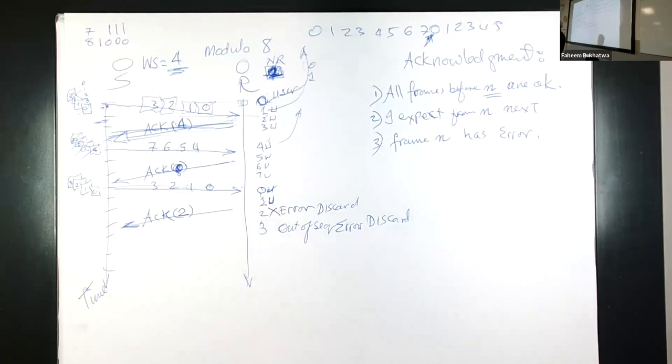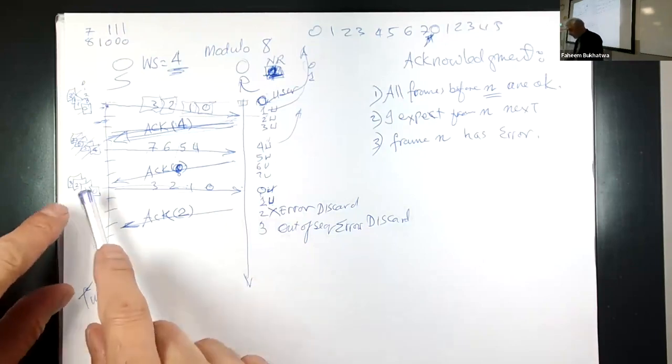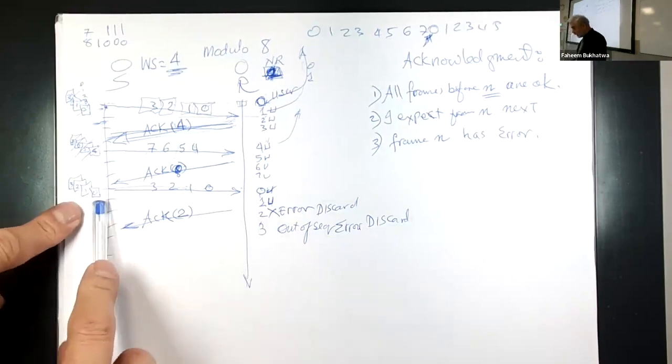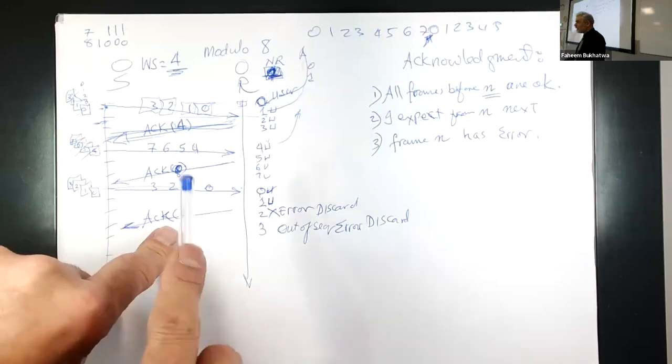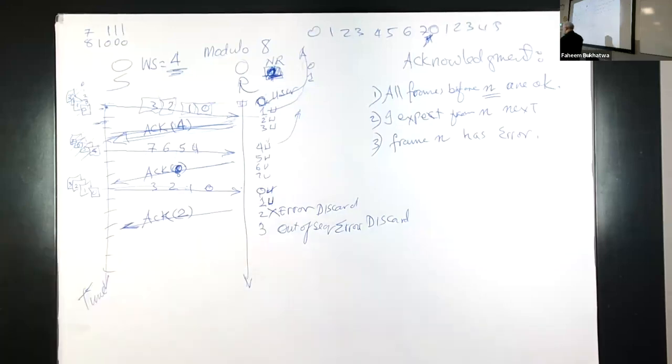That means I've received number 3 and number 2 and number 1. But that's what the sender is hoping for. It did not get acknowledgement 4, it got acknowledgement 2. What does acknowledgement 2 mean? Everything before 2 is okay.